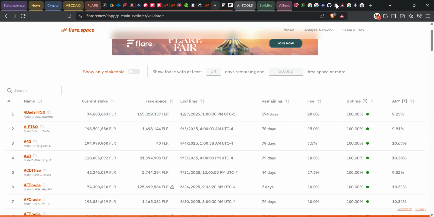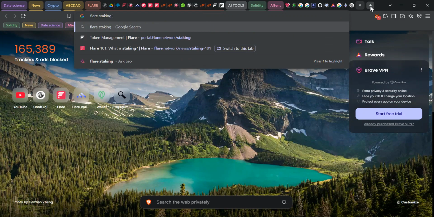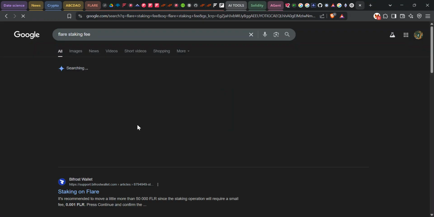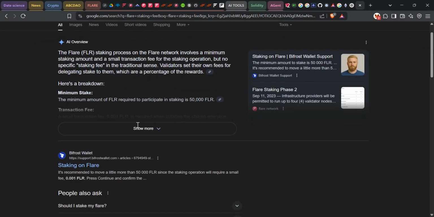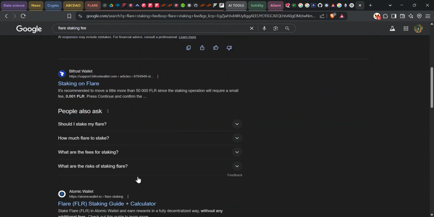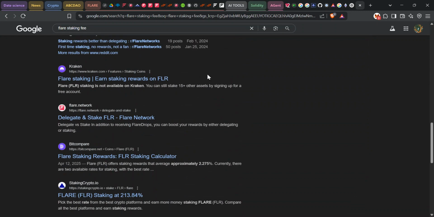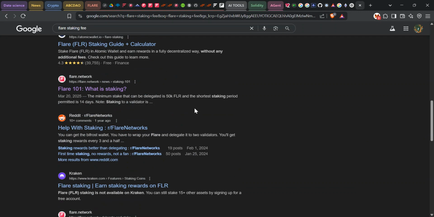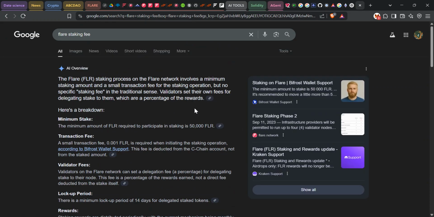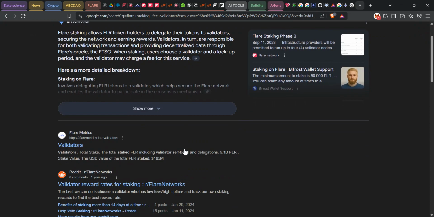And let's see what that fee is. Whenever you see that fee, there is a fee that the validator may charge for either withdrawing early or, let's see.